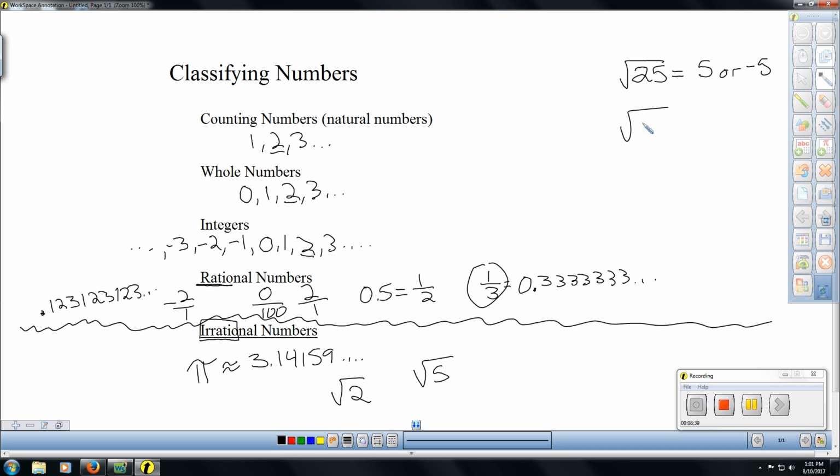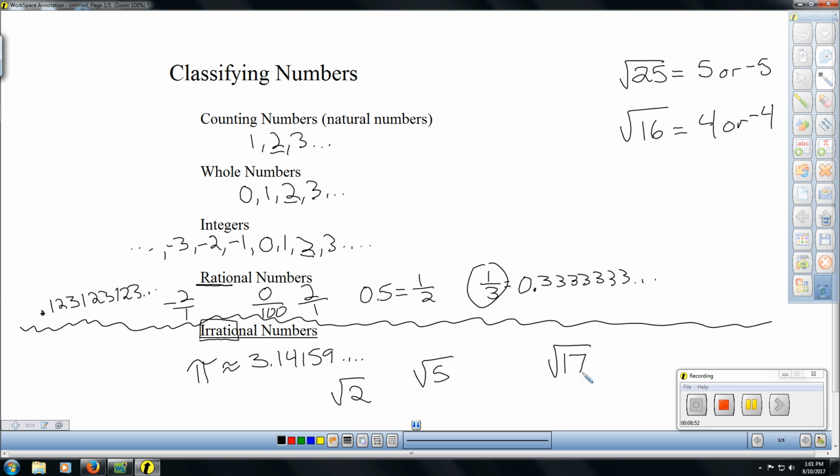So for example, the square root of 16 would fit up here as well, because again, 4 times 4 is 16, or -4 times -4 is 16. But if I want to take, say, the square root of 17, that's not going to work. We're not going to get a nice, neat whole, counting, or integer answer, or even a rational number answer. It's going to be irrational. You're going to get a number that's slightly more than 4, and it's never going to stop, never going to repeat.